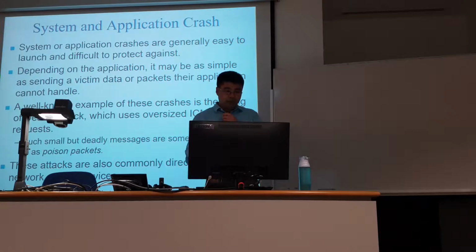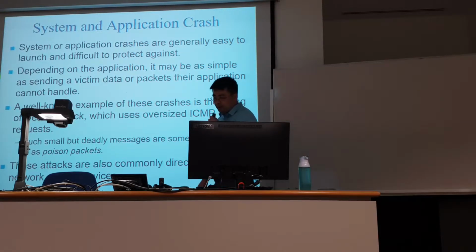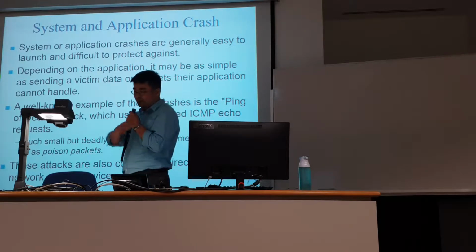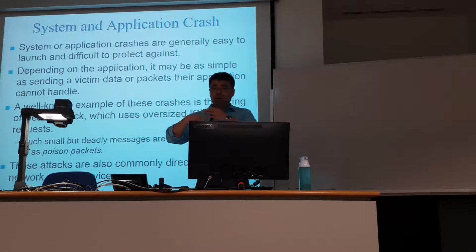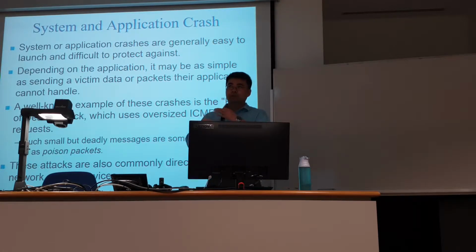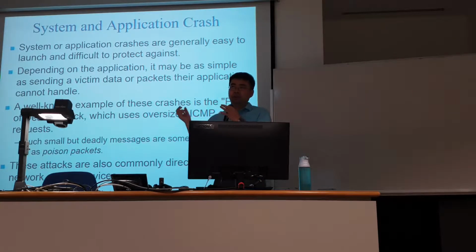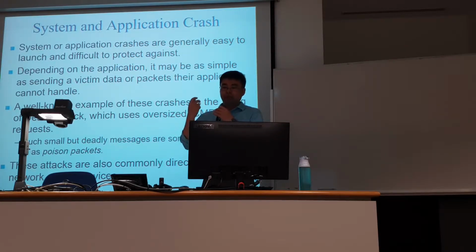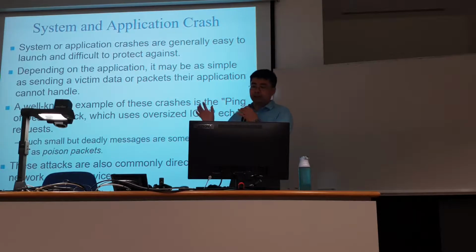Right, and there are two different types of consequences caused by denial of service attacks. In the previous examples, we generate a lot of requests or traffic to flood the machine, so the machine becomes very slow. Another type of attack is to simply crash the machine. This relies on some expertise in the underlying protocol.